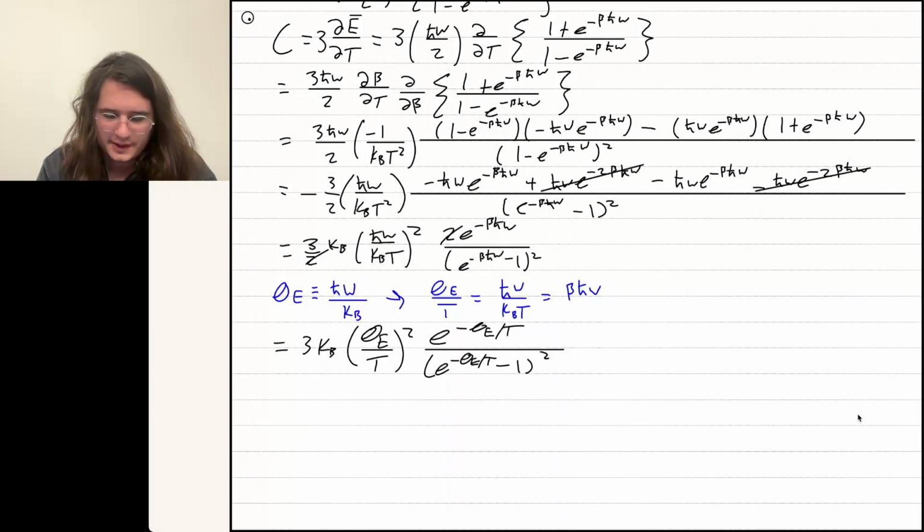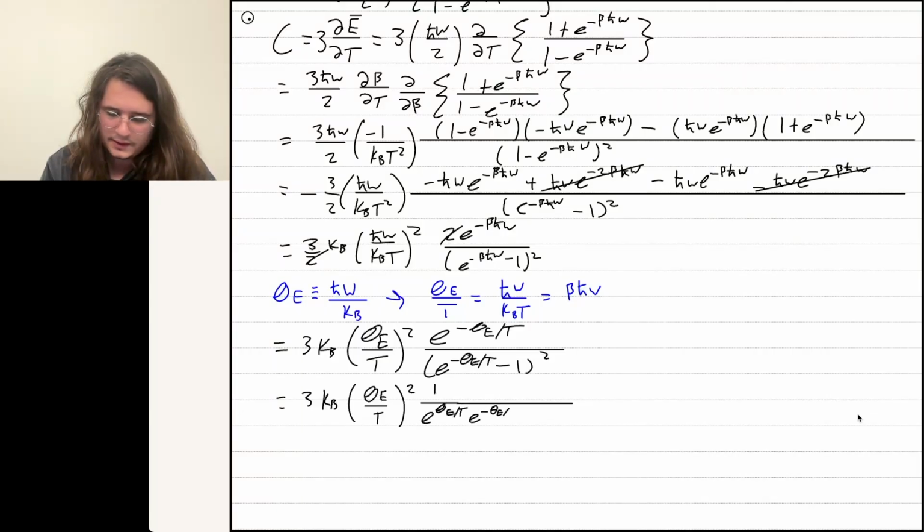Except I just realized that it's not exactly what Griffiths wrote, but it's probably completely equivalent, because if we move the e to the theta_E over T to the bottom, so you've got e to the theta_E over T down here, and then also factor out an e to the minus theta_E over T from this to make it 1 minus e to the theta_E over T squared, so this should be squared.